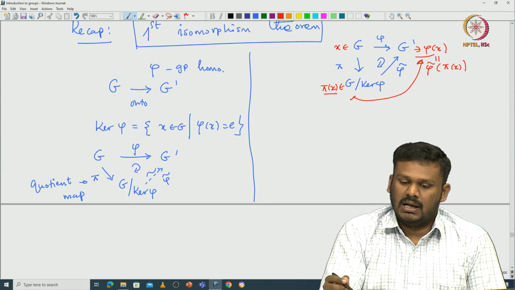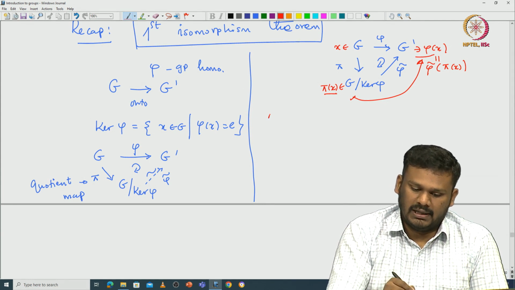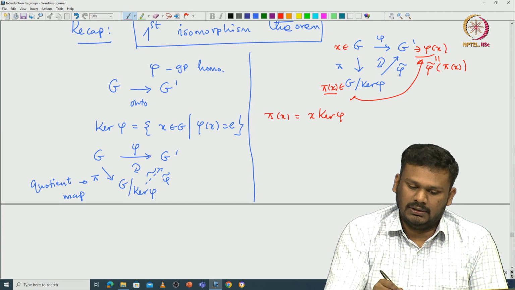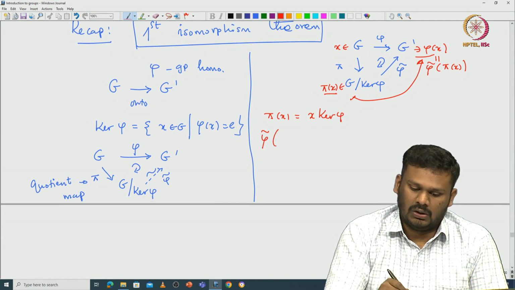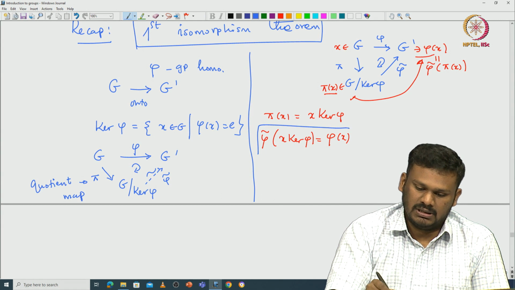That element should be the same as phi of x. Note that pi of x is by definition x kernel phi, and if you recall, phi tilde of x kernel phi is defined to be phi of x. That is why this diagram is commuting.